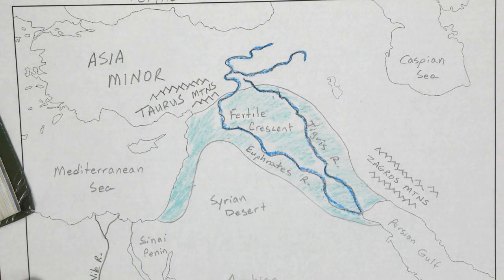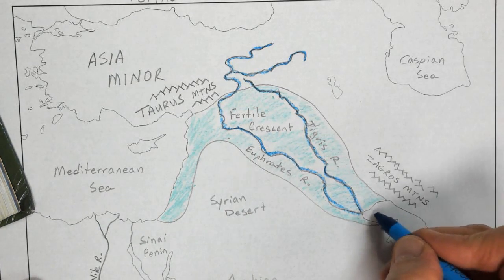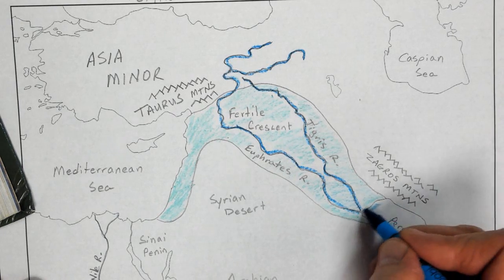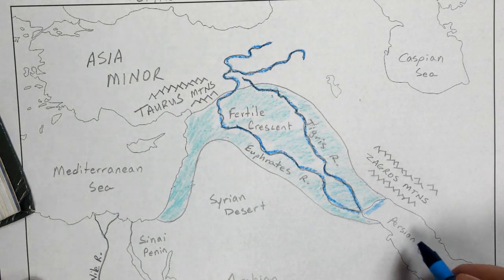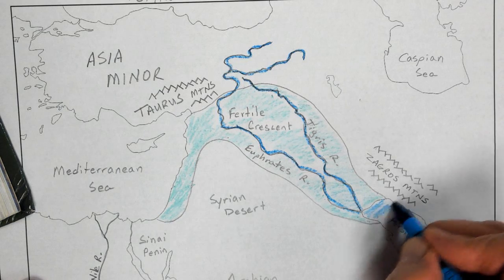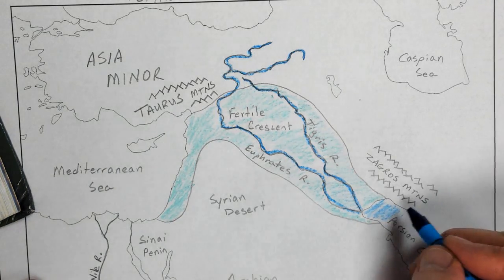Now, for blue, or for the land, no, let's do the blue first. Let's do the blue water. Can you see the difference between that blue and that green?